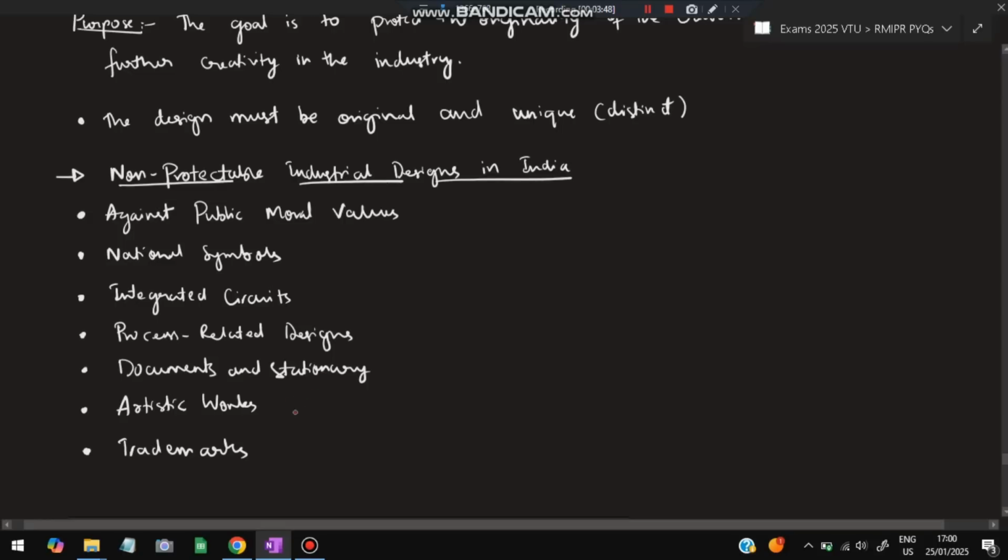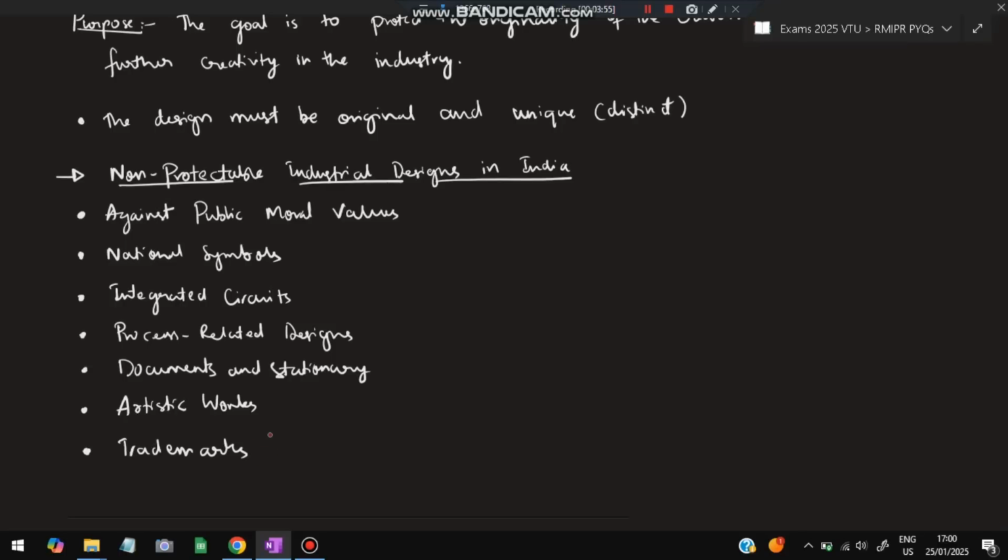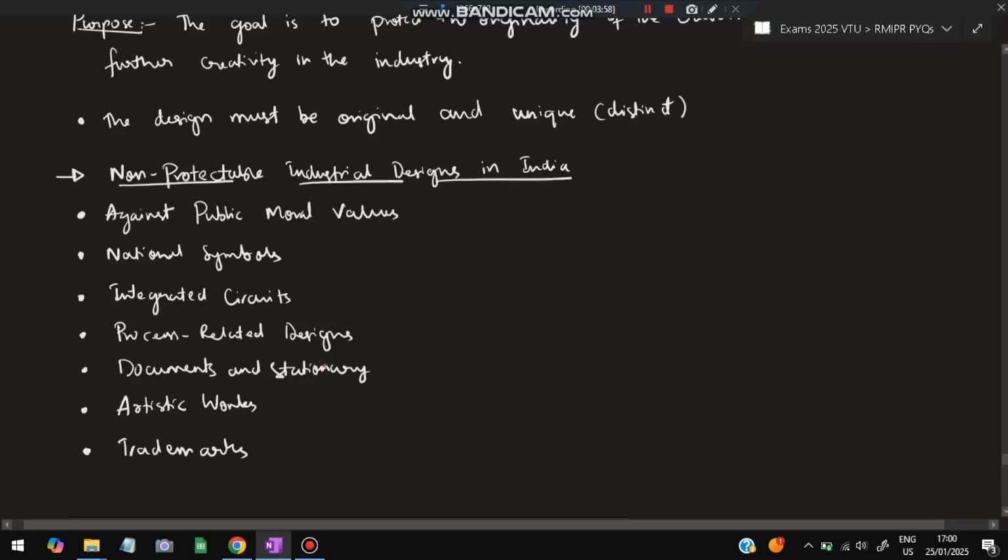Okay, and lastly, trademarks are also not protected. For example, a design that forms a logo cannot be protected under the industrial design law. For example, Nike's swoosh logo cannot be registered as an industrial design, but it is protected under the trademark. Okay, the logos and all are protected under the trademark.